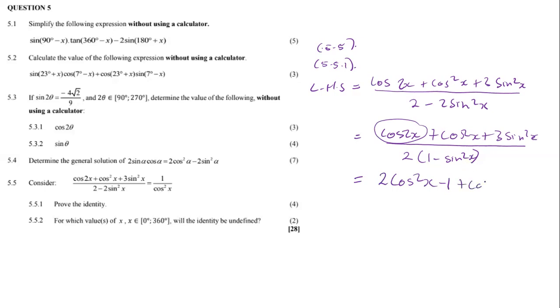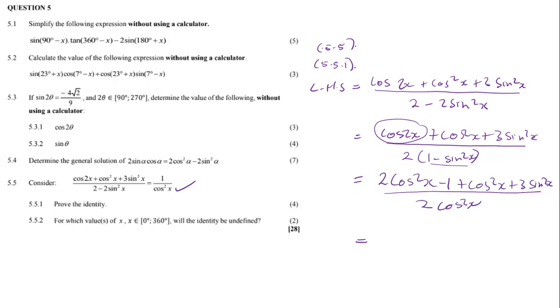Plus cos squared x plus 3 sine squared x divided by, we have 2 here, and then this, which identity? Cos squared x, of which we are happy we got it at the bottom, so we need to work out everything at the top, and these two we should make sure that they disappear.